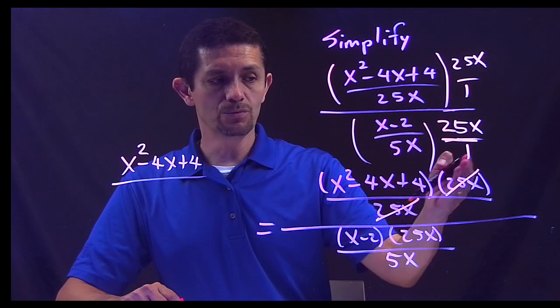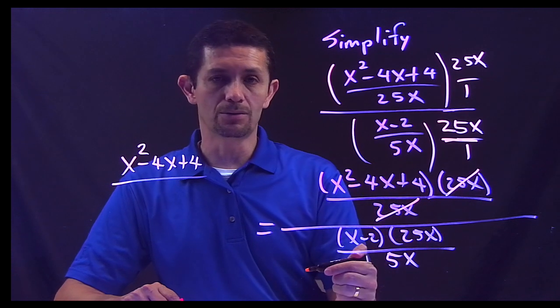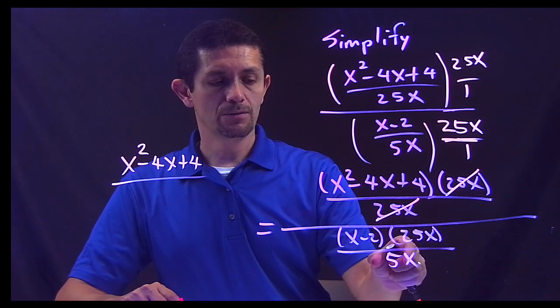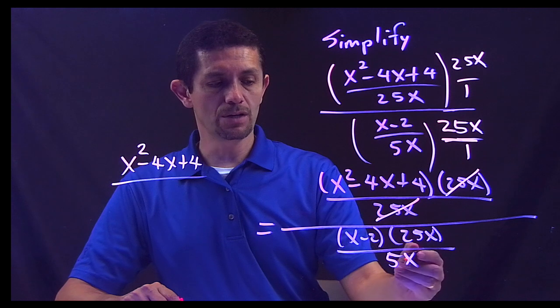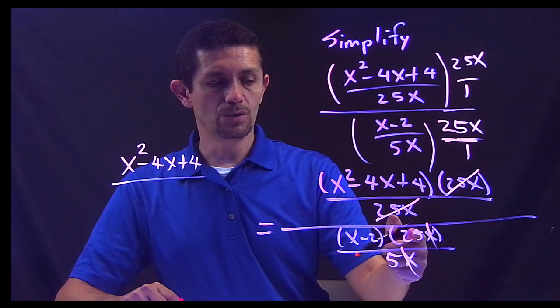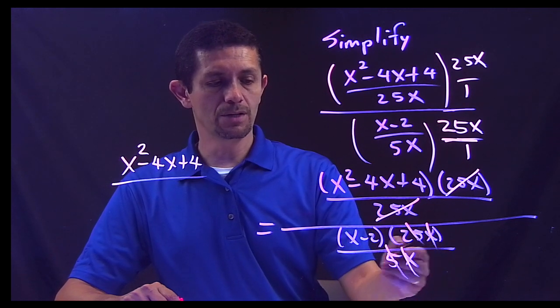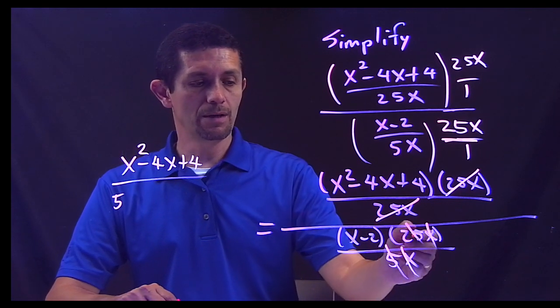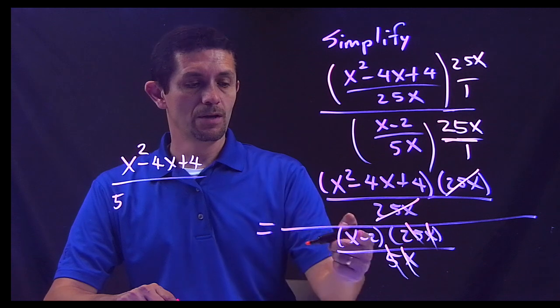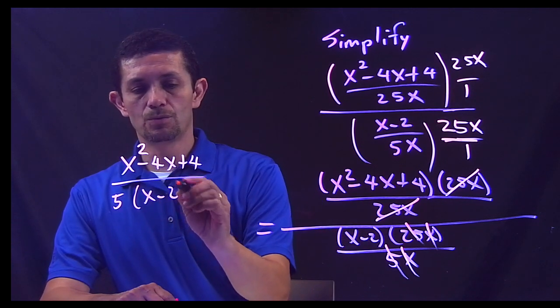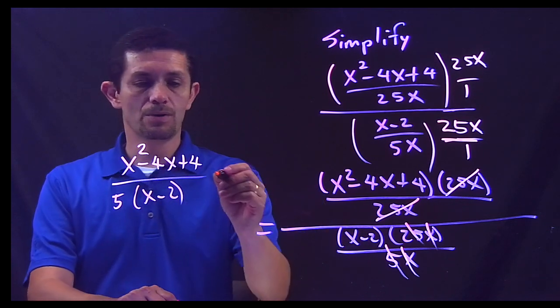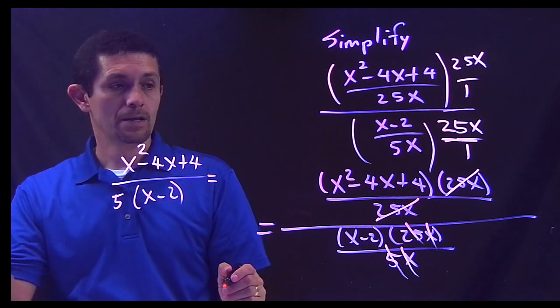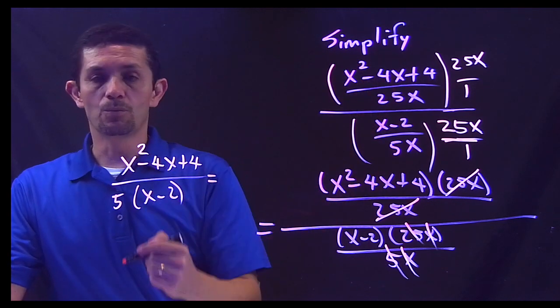That's why I was able to reduce one factor with one factor. 25x, 5x. Can I reduce those? Yes. X cancels out, and 25 and 5 is going to give me 5, right? This divided by 5, and it's going to give me 5. And I have the x minus 2 remaining. Alright, so now I have this. So all those fractions are only 1 now.